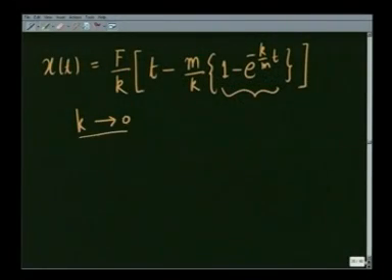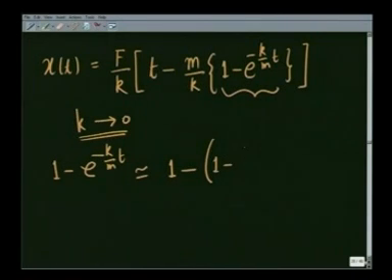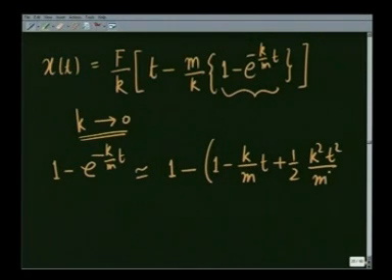In the limit of K going to 0, I can write 1 minus e raised to minus K over m t. If K is really small for any t, I can write this approximately as 1 minus K over m t plus half K square t square over m square.